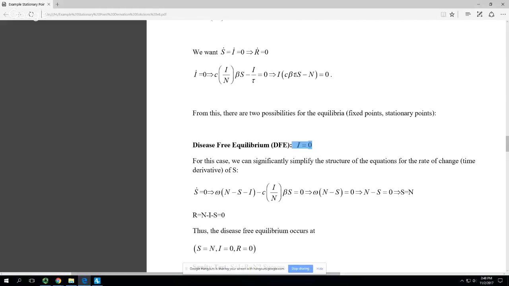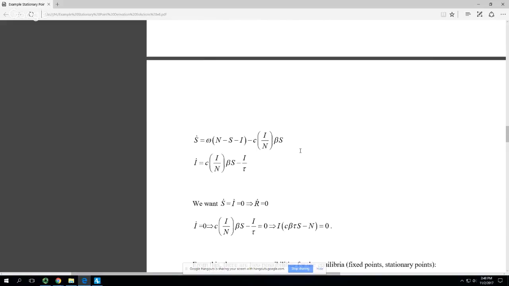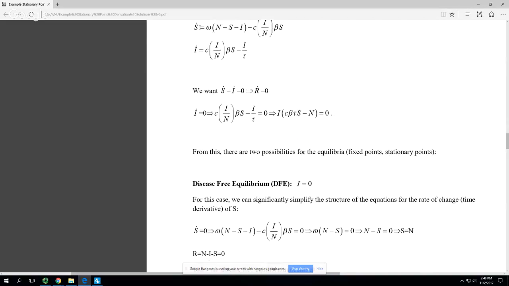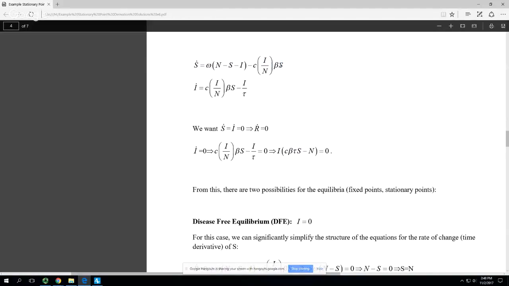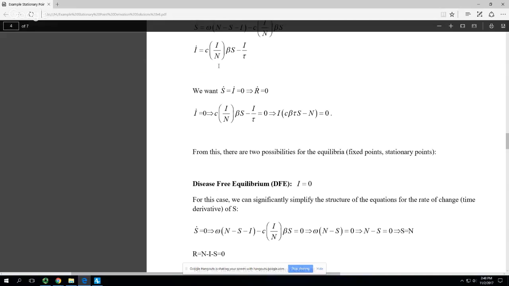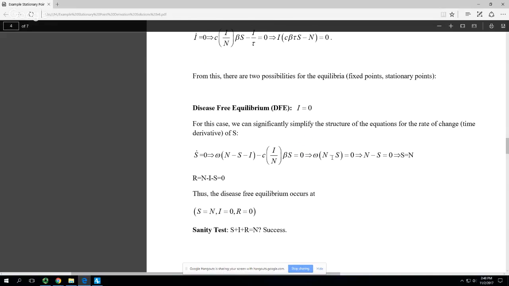Doesn't matter what this thing is now. And having infectives equal to zero, then we can plug that into this guy here for S dot. Plug in infectives equal to zero. This term entirely goes away, the second term here. And then we have omega times N minus S equals zero, which implies what? If N minus S equals zero, what is the case?